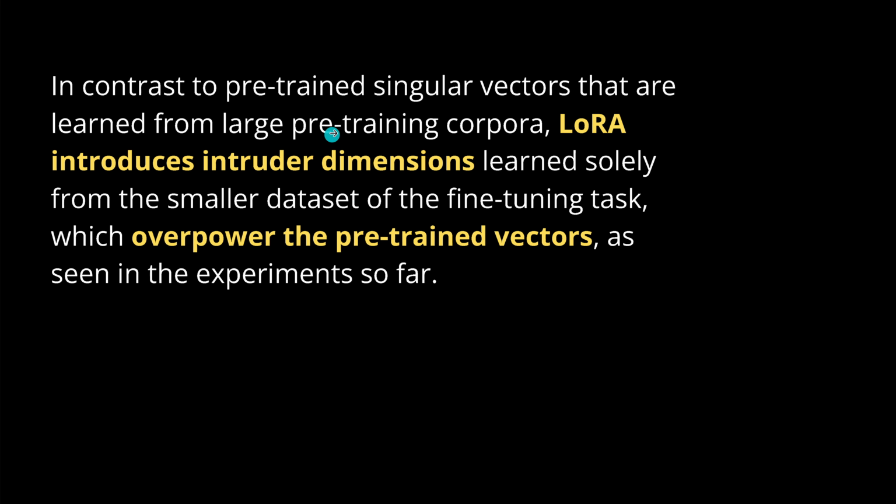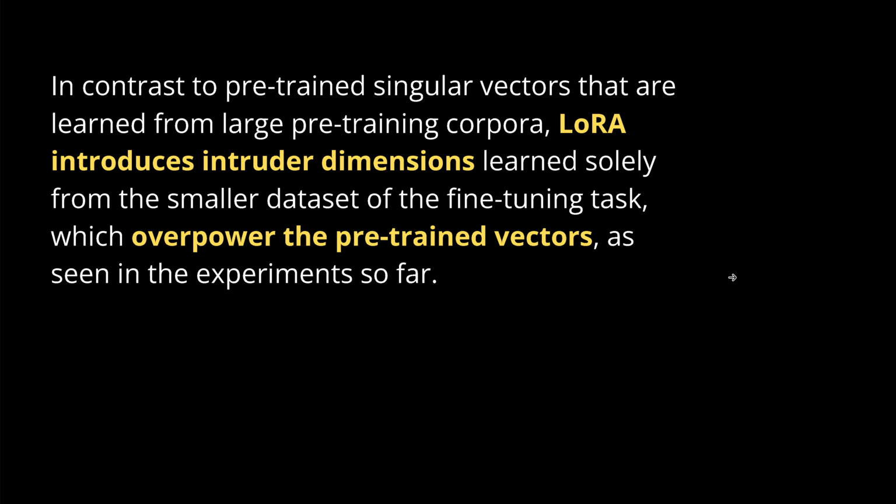So this means, in contrast to the pre-trained singular vectors that are learned from the large pre-training datasets, LoRA now introduces new dimension learned primarily from the fine-tuned dataset. This is a smaller dataset than the pre-training dataset. And it turns out these new vectors overpower here the pre-trained vectors as seen in the experiment done by MIT so far.